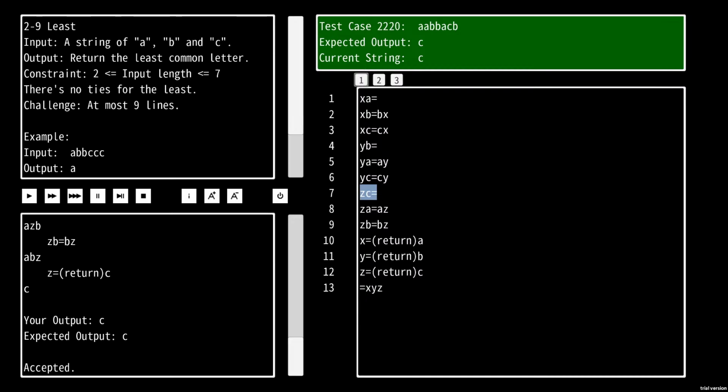Z meets C first, right? That makes sense. So then we can do anything with C. We can merge anything else with C, like that. XYC equals CXY. That just makes sense.